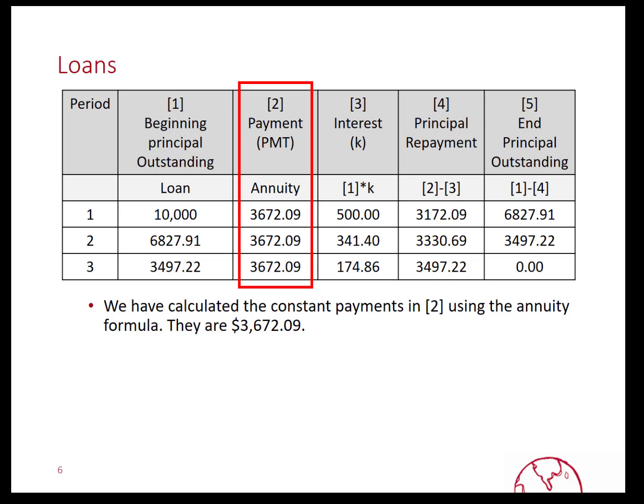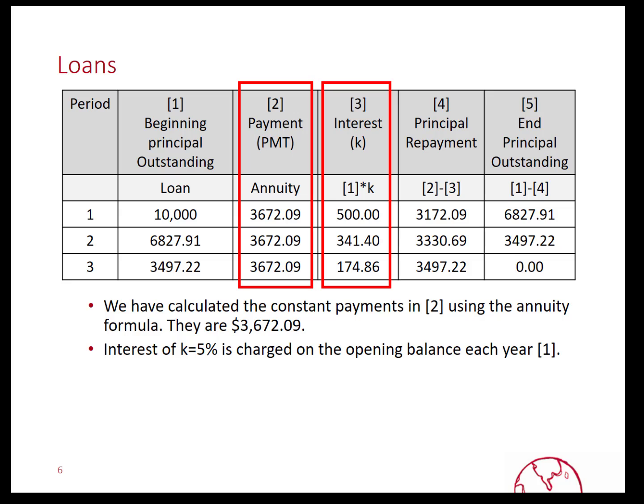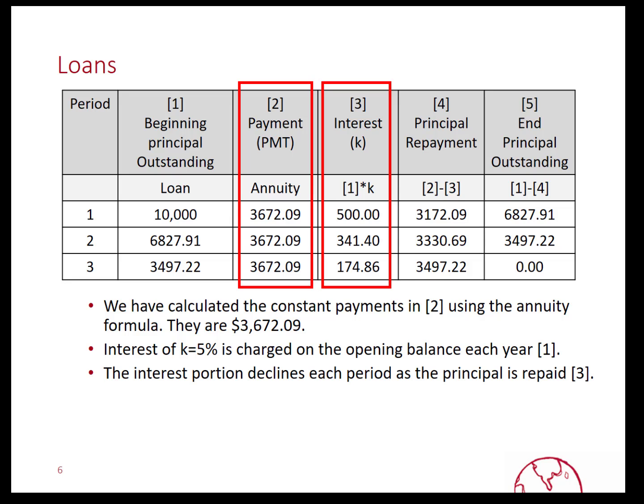In column 3, we have the amount of interest that we're going to pay, and we're simply going to multiply our effective interest rate times the balance at the start of the period. Notice that in the first year, we have $10,000 outstanding, multiplied by 5%, so our initial interest payment is going to be $500. On the basis of this, we know that if we make an annuity payment of $3,672, then we must be repaying the difference between that payment minus $500 as principal.